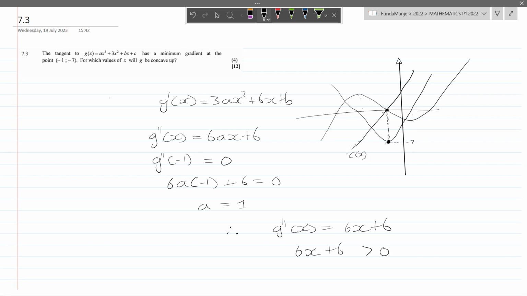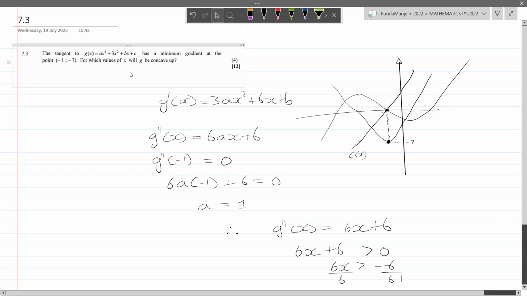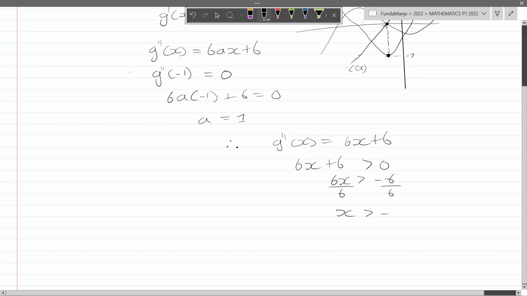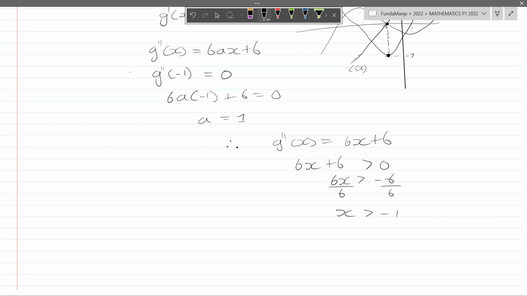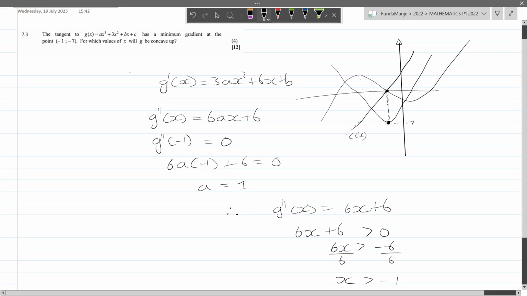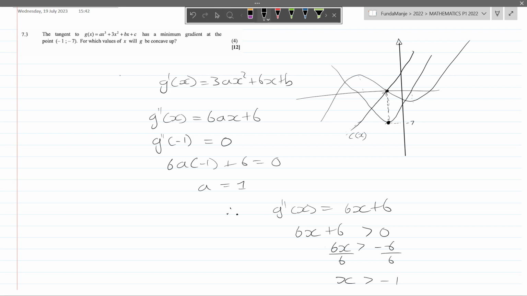Take 6 to the other side, you get 6x is greater than -6. Divide both sides by 6, and you get x has to be greater than -1. x has to be greater than -1. There you get a positive, it'll basically be concave up from that point.